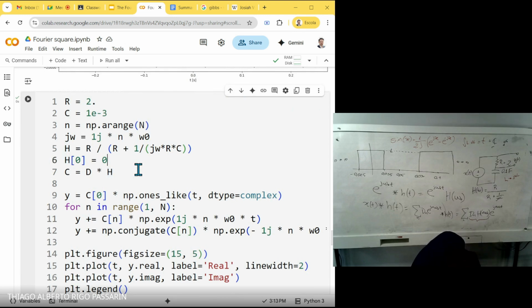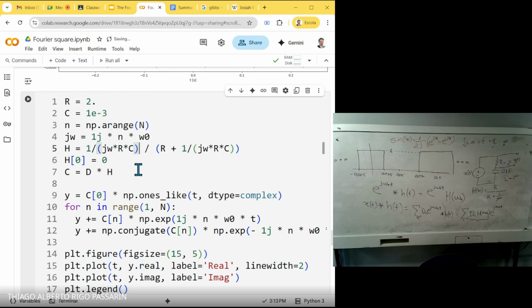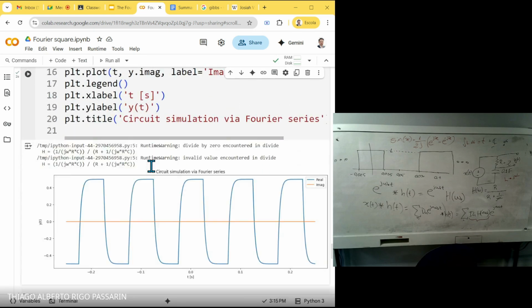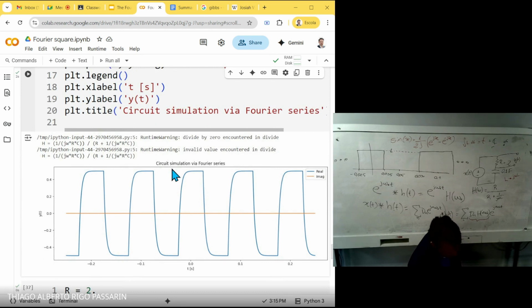We can change the function here. Here's what we see over the capacitor. So it's a low pass. When there's a rising edge, it does not rise immediately. It goes with an upgoing asymptotical curve.